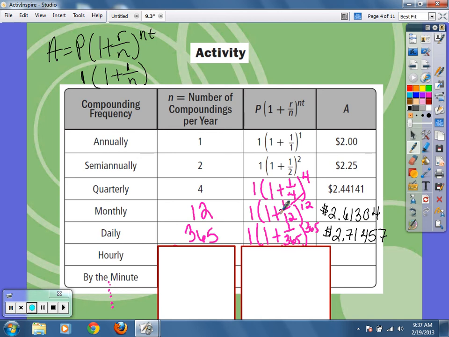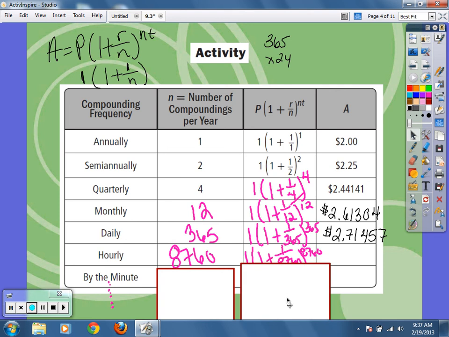Well, how many hours are in a year? 365 days times the 24 hours a day, and we get 8,760. Plug this in, and something kind of surprising happens. At least it's surprising to me. It's still going to be $2.71 and some partial pennies.